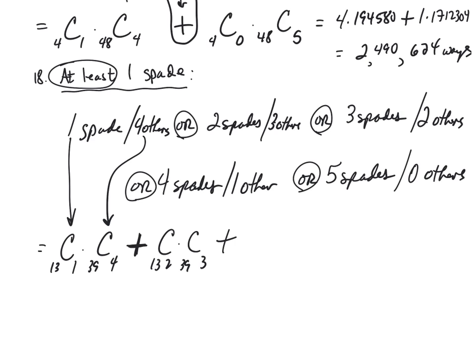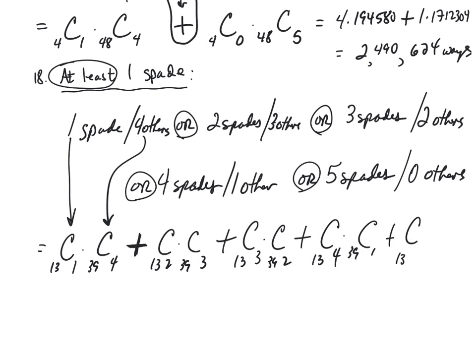Or from the 13 spades, pick 3, and from the 39 other cards, pick 2. Or from the 13 spades, pick 4, and from the 39 other cards, pick 1. Or, last one, from the 13 spades, pick 5, and from the other 39 cards, pick 0.